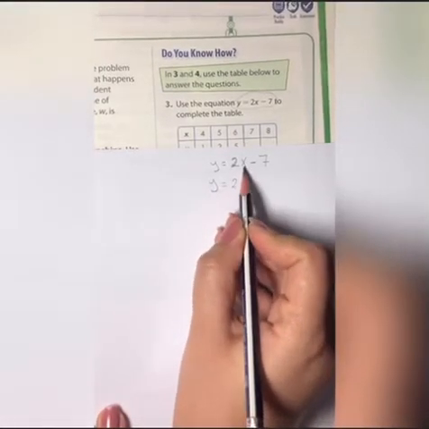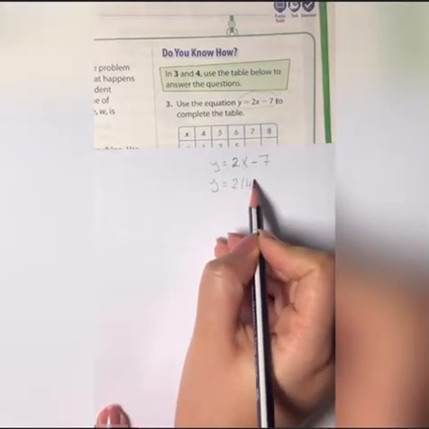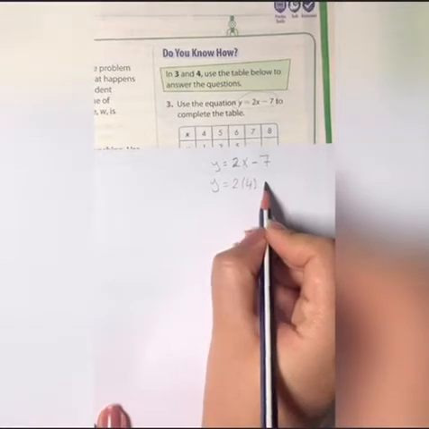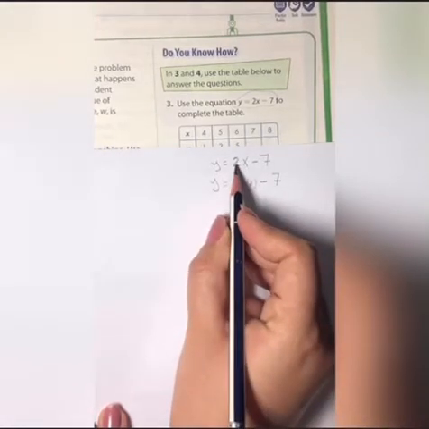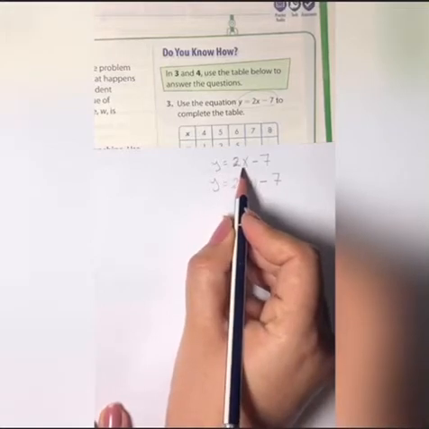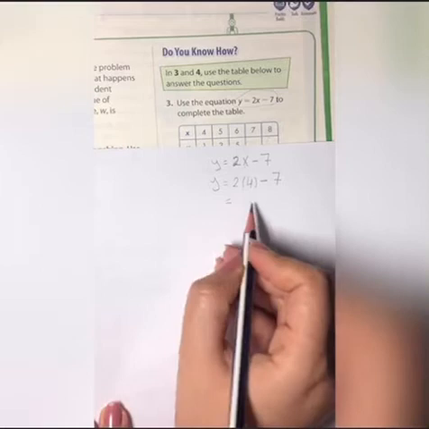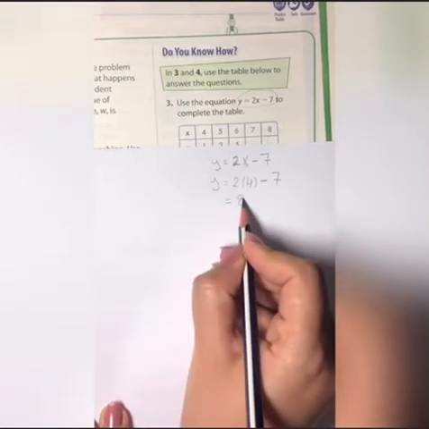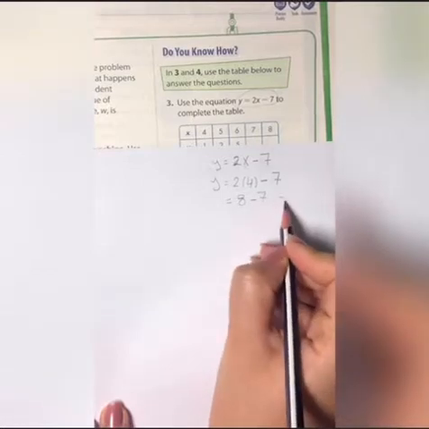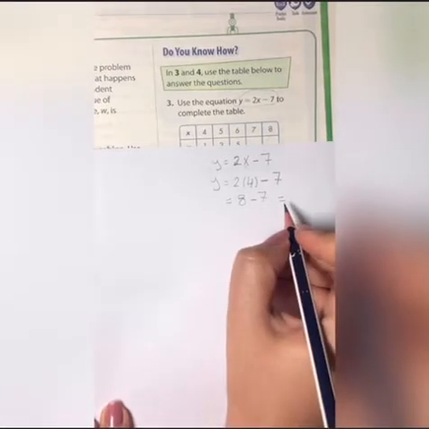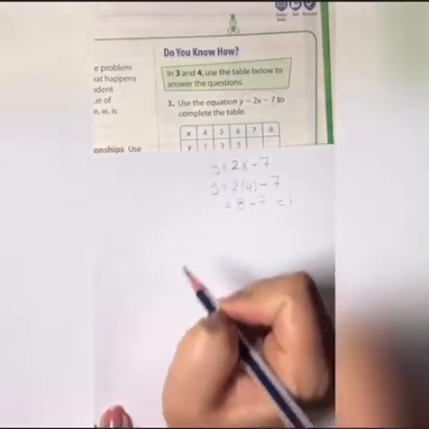Instead of x, we will write 4, and minus 7. That's a multiplication between 2 and x. 2 times 4 equals 8, minus 7. 8 minus 7 equals 1. Then we got 1 here.